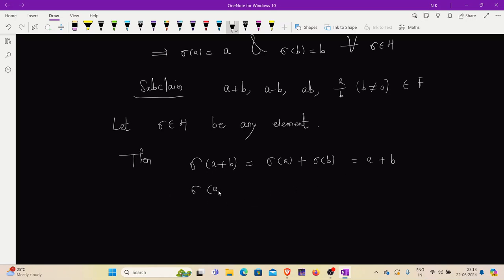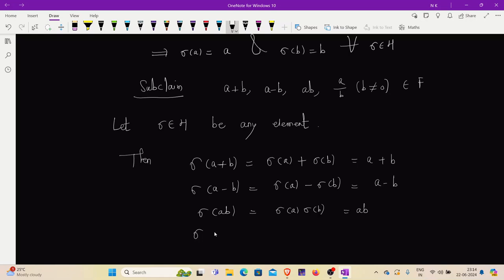We can also establish that sigma of a minus b equals sigma of a minus sigma of b, because sigma is a homomorphism, so that is again a minus b. Then sigma of a times b equals sigma of a times sigma of b, as sigma is a homomorphism, so that equals a times b, because sigma of a equals a and sigma of b equals b.